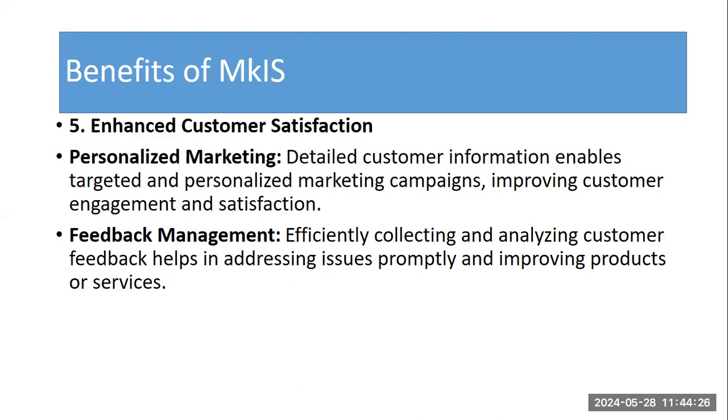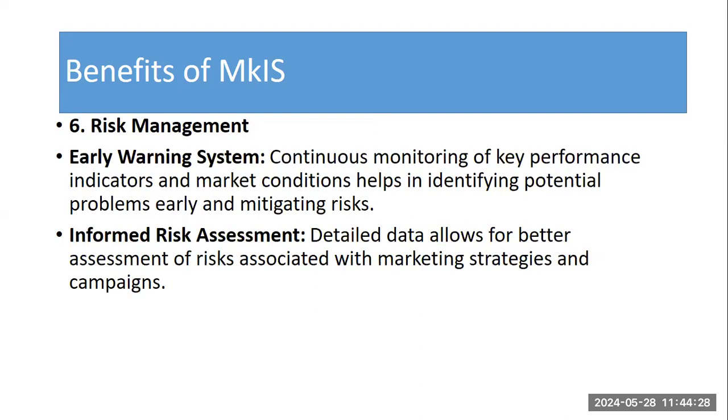So that is feedback management. Another one, risk management. Based on the data, they can understand that some areas are going to have some issues, so in advance, early. So there is an early warning system: continuous monitoring of key performance indicators and market conditions helps in identifying potential problems early and mitigating risk.